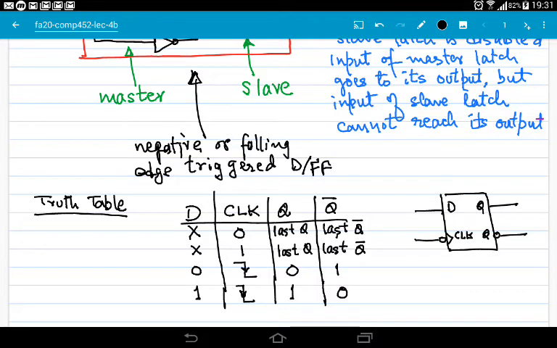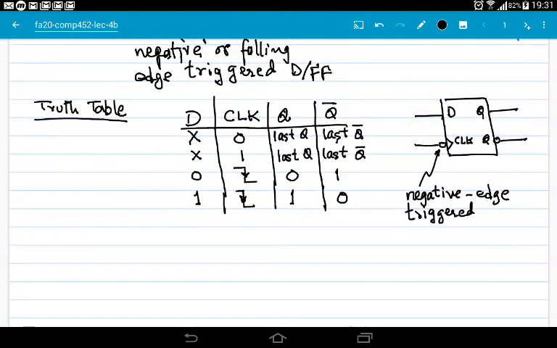Now see this small bubble indicates that it's a negative edge triggered flip-flop. And this small triangle that you see here is an indicator that this is clock input.